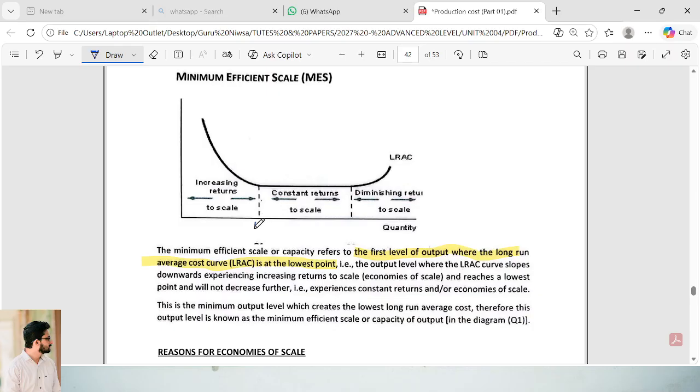When this firm produces this output level, let's say Q1, what happens to average total cost? Average total cost becomes the lowest number. That's why it's called minimum efficient scale: the minimum level of output required to achieve the lowest LRAC.